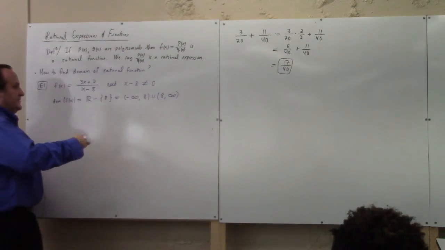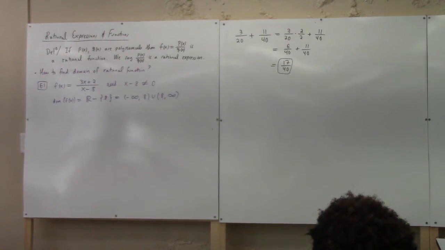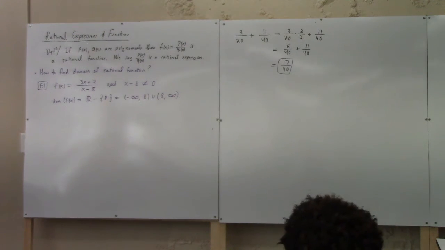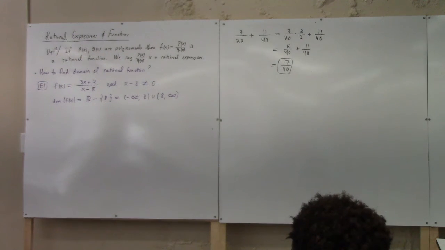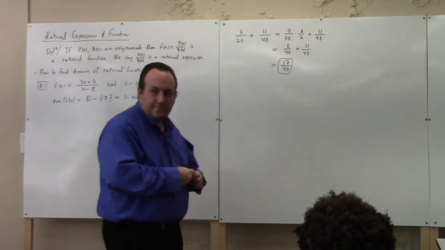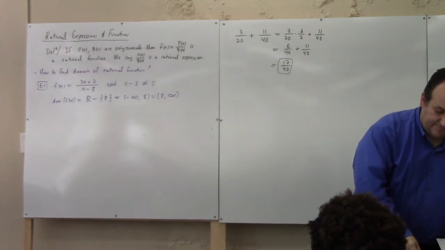So we just have to exclude 8. What about the numerator, 3x plus 2? Did it matter? It did not matter. All right. So the numerator doesn't really play a role in deciding what the domain is. It's all about the denominator.